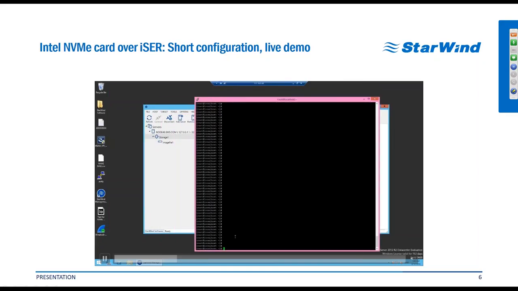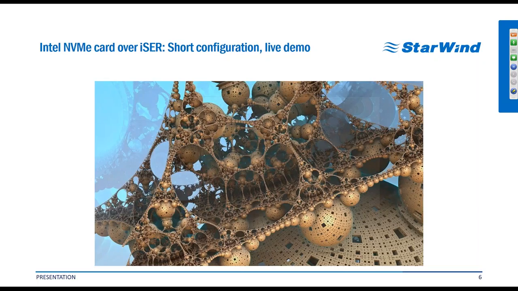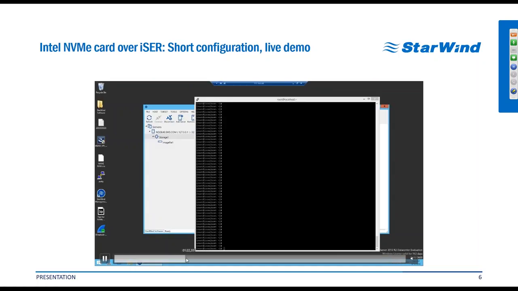Through a certain IP address you configure, then you connect it, and what you'll see is that the transport name over here, iFace transport name, equals iSER, which means that we just connected that target through iSER.